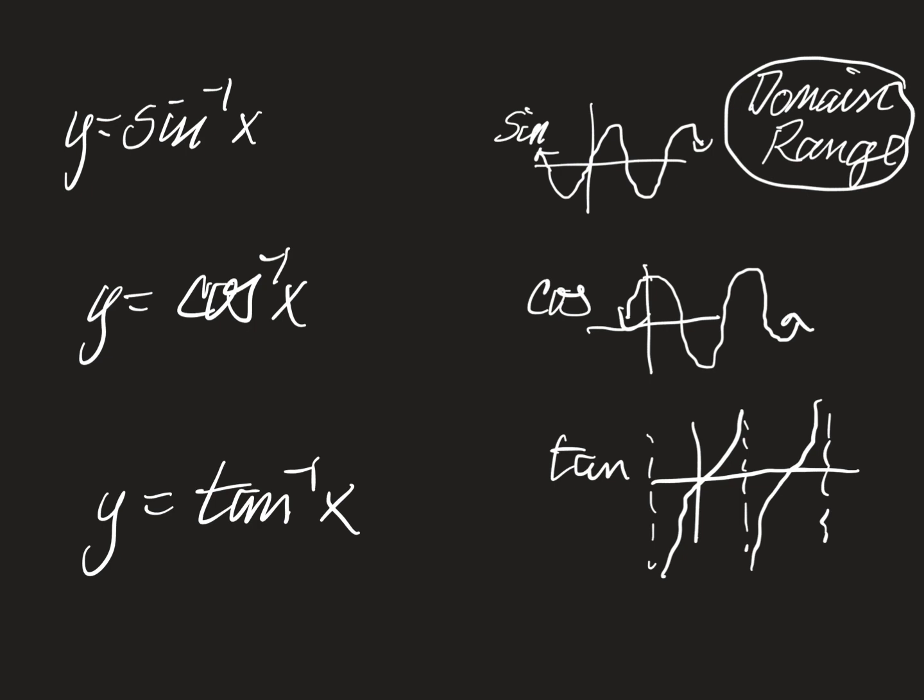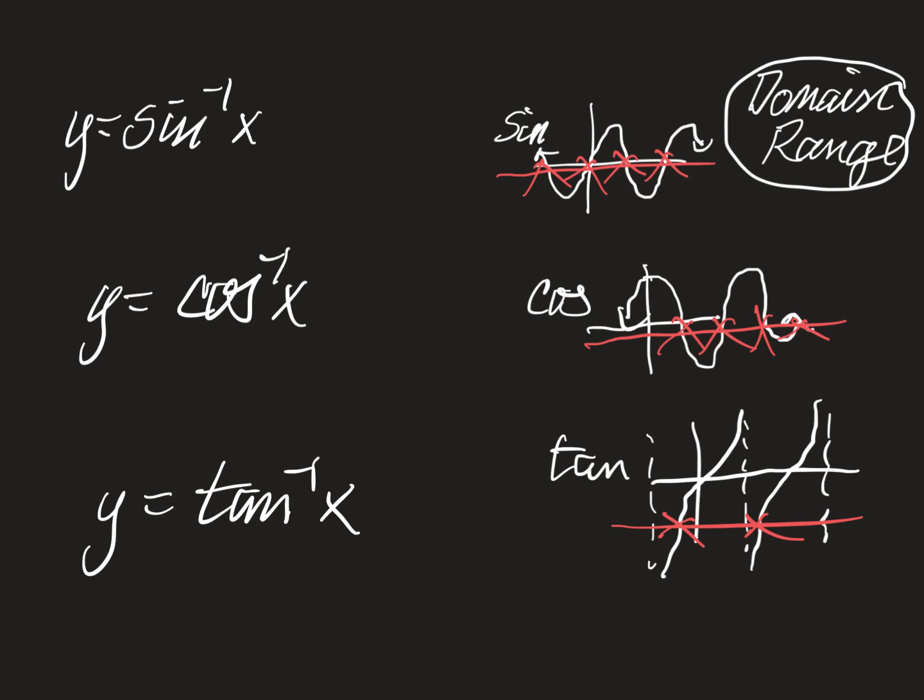All right? Now, the problem with every one of these graphs is they all fail the horizontal line test, right? Every horizontal line will intersect them in an infinite number of points.